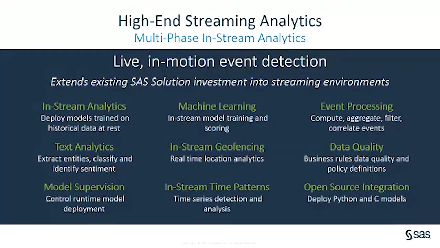I like to say, if you feed the most sophisticated model in the world bad data, you'll get bad results. So we understand why data quality is very important here. And our open architecture allows for you writing your own models in Python and C as well.